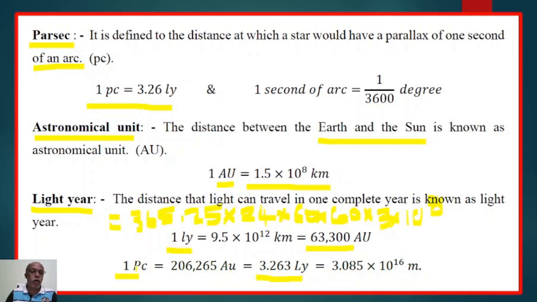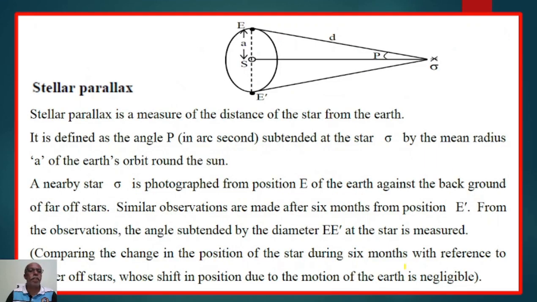It is 1 PC, 1 parsec is equal to 206,265 times the distance between Sun and the Earth, or that will be equal to 3.085 into 10 power 16 meter, or 3.085 into 10 power 13 kilometer. This is about the units used to measure the large distances that we come across in astrophysics.